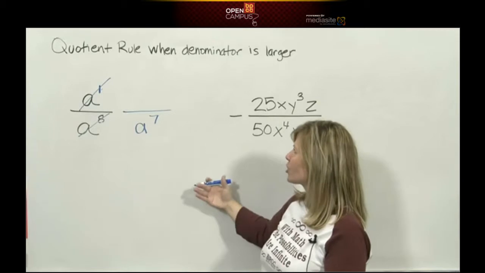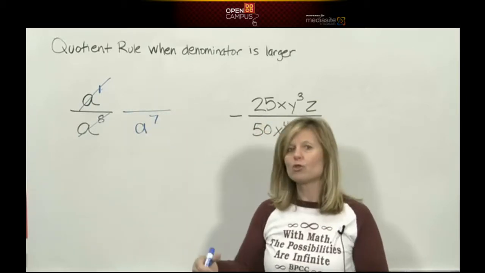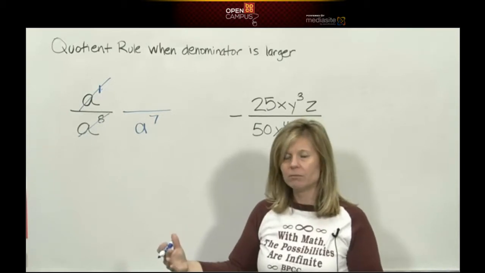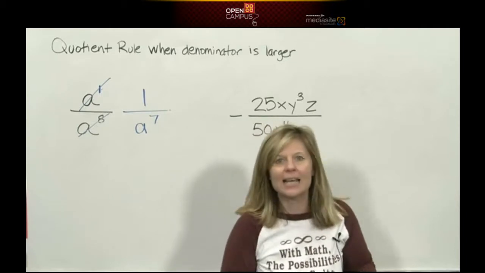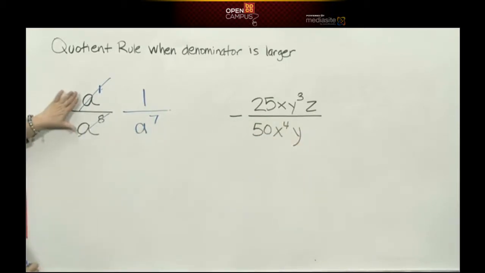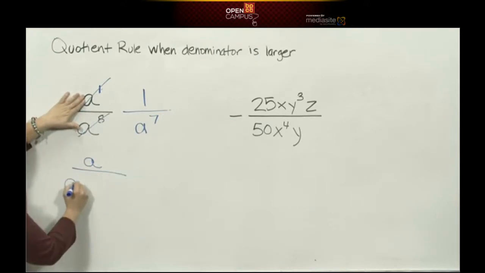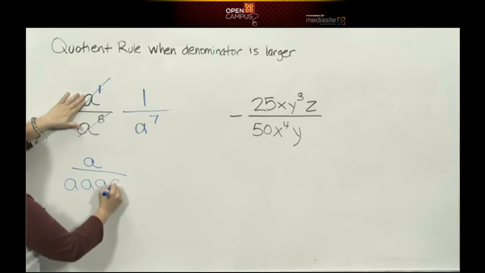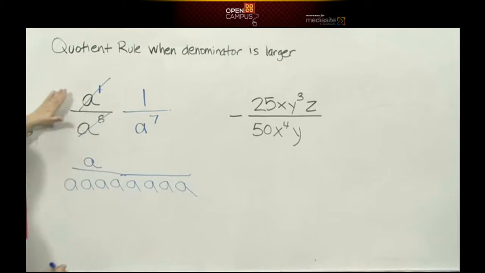Can you write a fraction leaving the numerator blank? Heck no. Because we're doing division, this numerator has to be the number 1, not a 0, the number 1. Why? If I wrote this out the long way, there's 1 A in the numerator, and there are 1, 2, 3, 4, 5, 6, 7, 8 A's in the denominator.